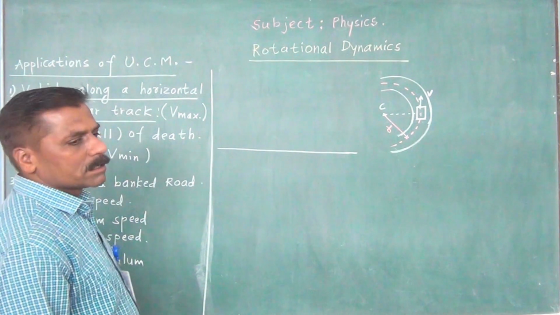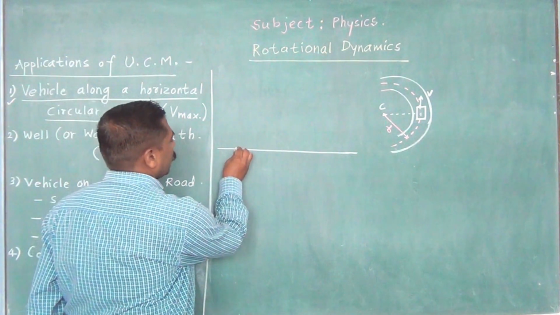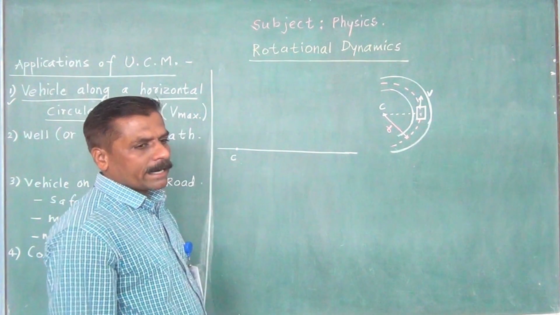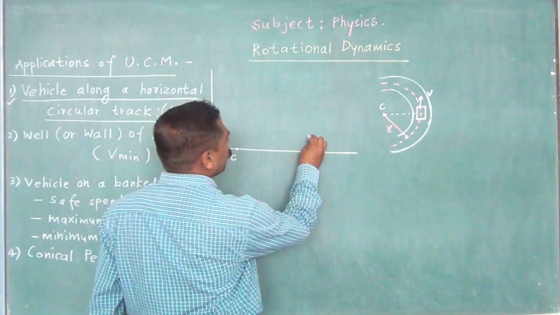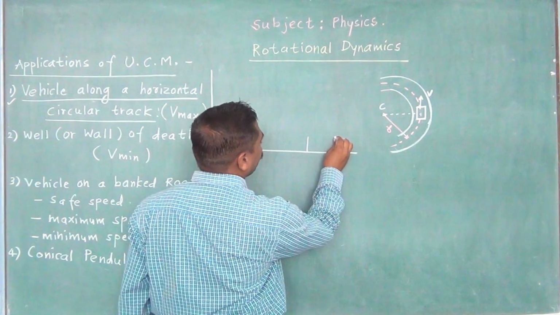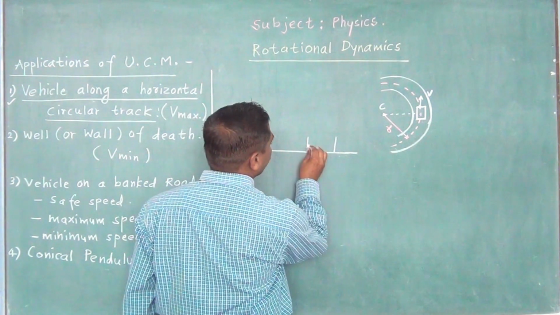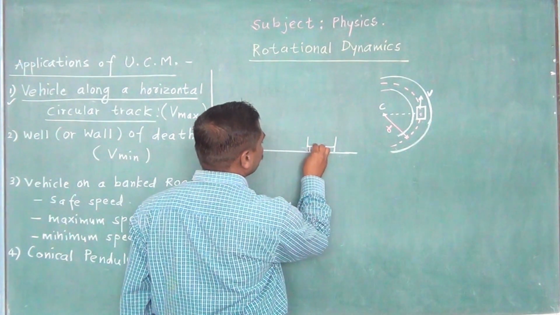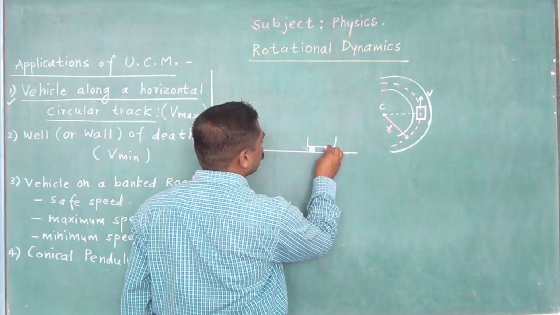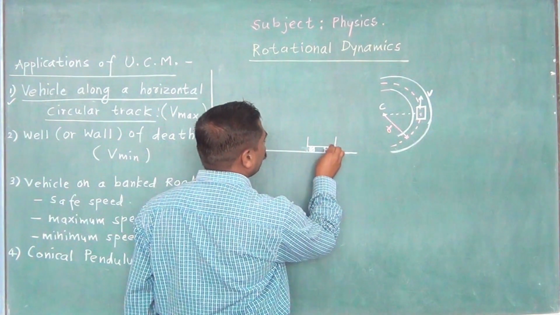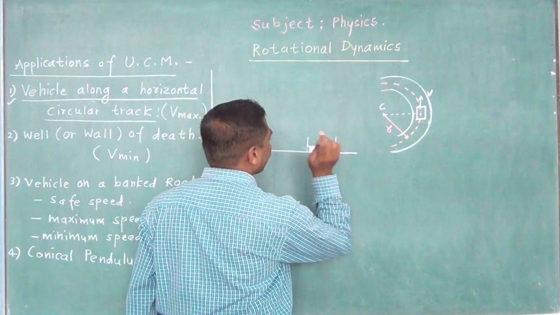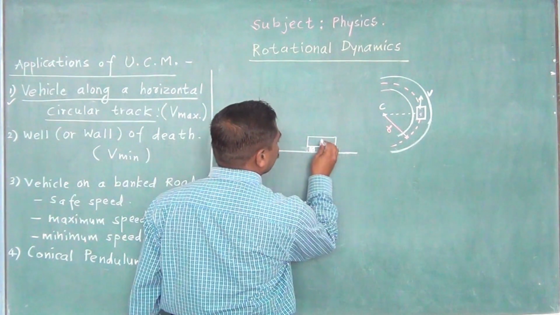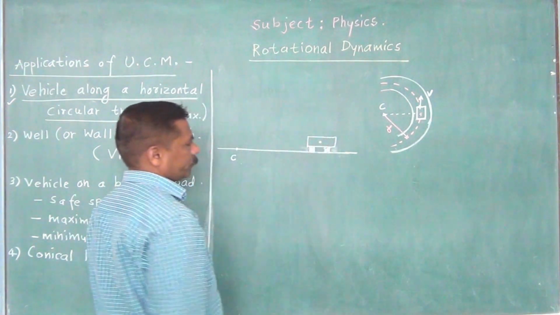So here let C be the center of this circular track, and the vehicle is considered like this. These are the tires of the vehicle which are in contact with the road, and let us consider this is the vehicle.